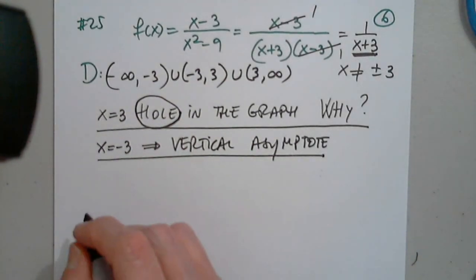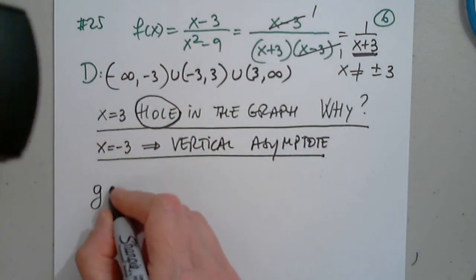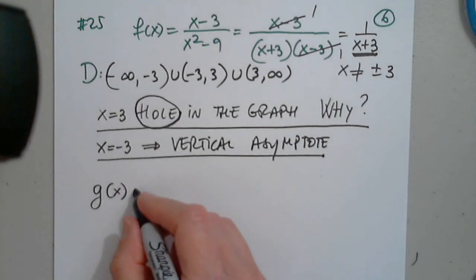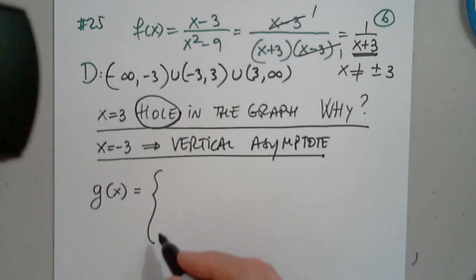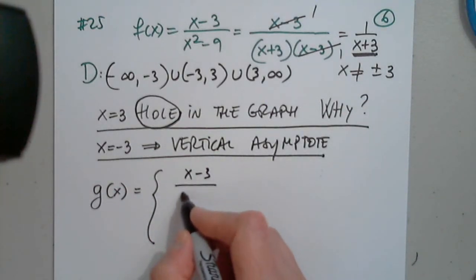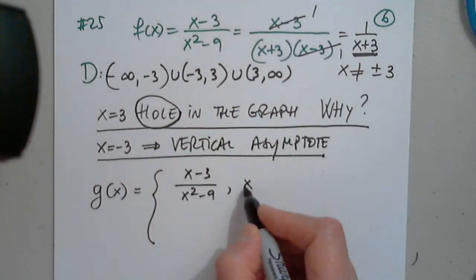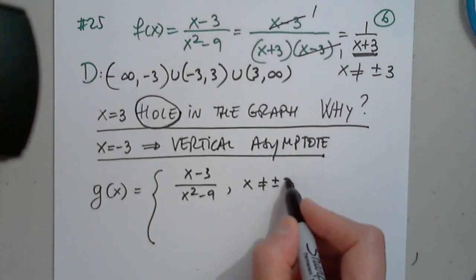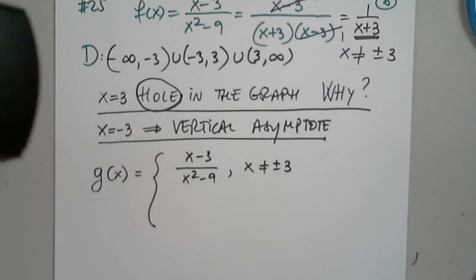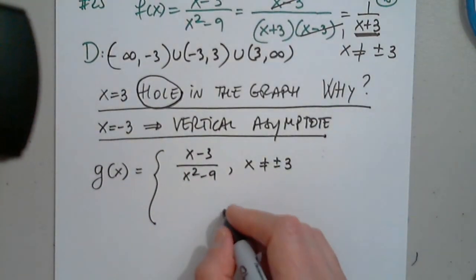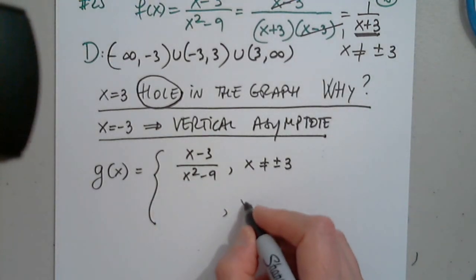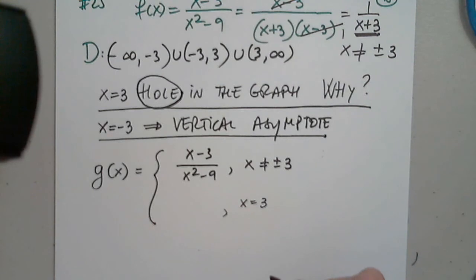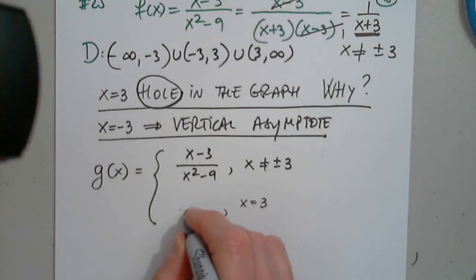So we could say that we can determine a new function that is based on the original function, x minus 3 over x squared minus 9, of course, with x not equal to plus or minus 3. And if we want to make this function continuous at x equals 3, we have to define this.